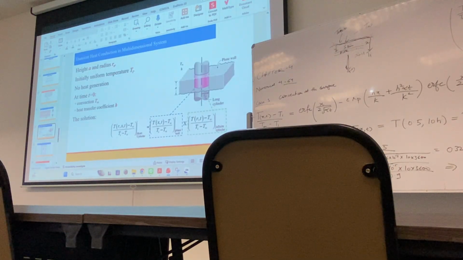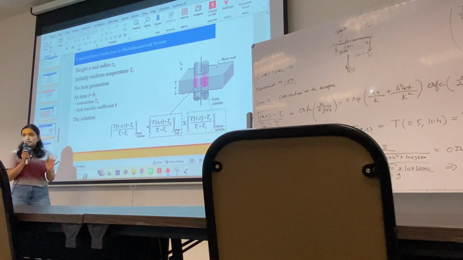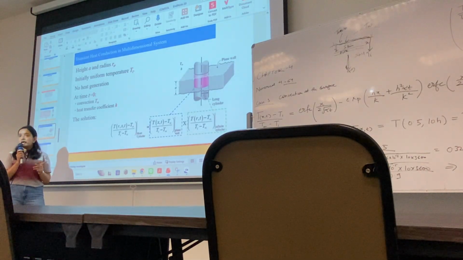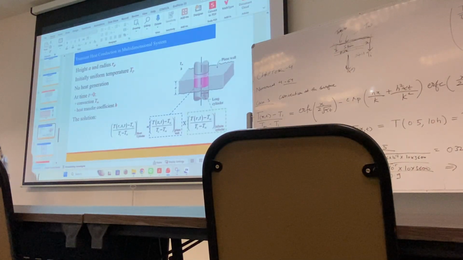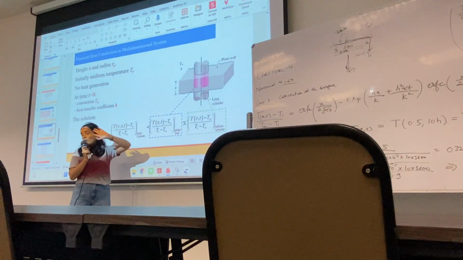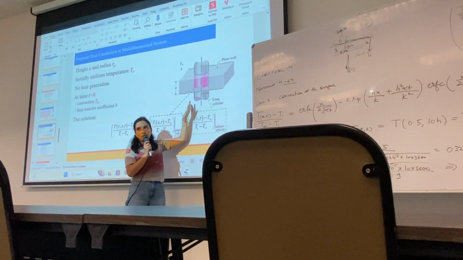Alright. So you want to study heat transfer in two dimension. We have not studied that yet. Okay, up until now, we have only studied heat transfer by conduction in one dimension. Now, if you want to study heat transfer in two dimension, in X and Y, and let's say it's a shape like that, it's a short cylinder, right? So this short cylinder, you can assume it's made of a plain wall and a long cylinder.